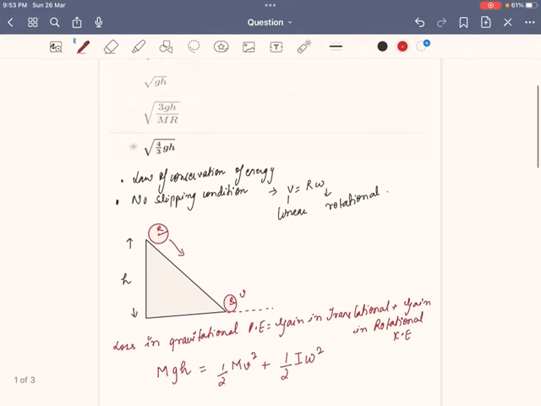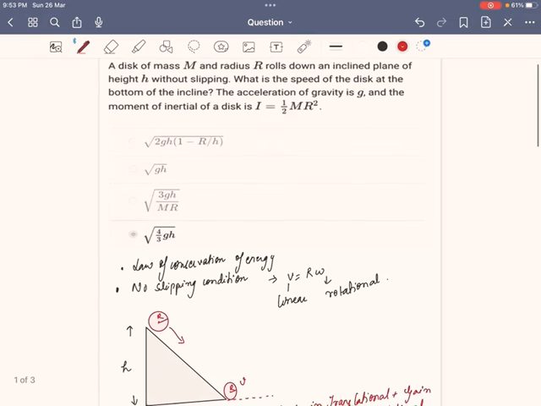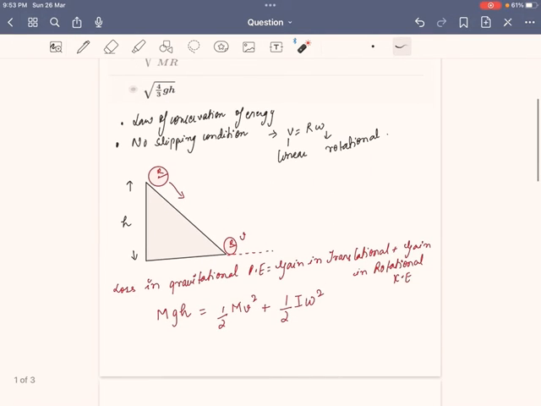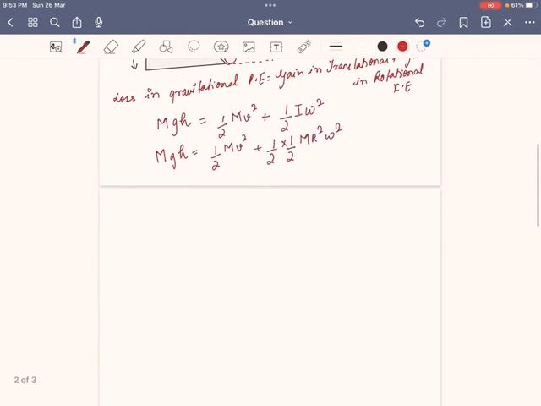Now according to the question, the value of I given to us is half MR square. So we're going to plug in the value. So this becomes mgh equals half mv square plus half into half capital MR square omega square. Now we also know that according to the no slipping condition, v is equal to R omega, or v by capital R is equal to omega.